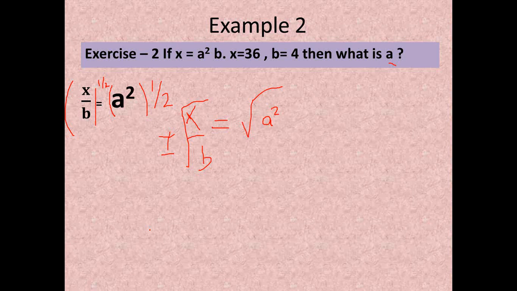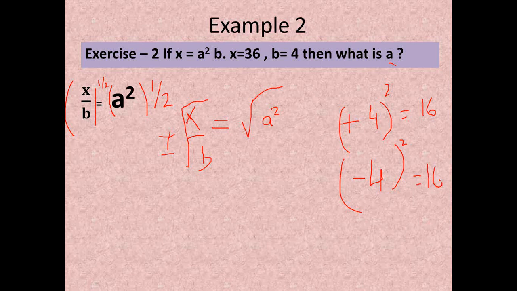Why? The reason is, if you remember, the square of 4 is 16 and the square of negative 4 is also 16.